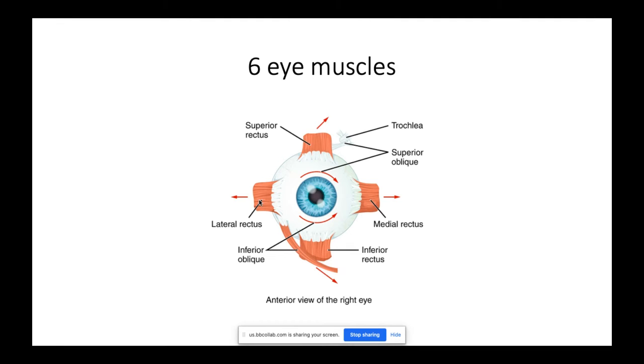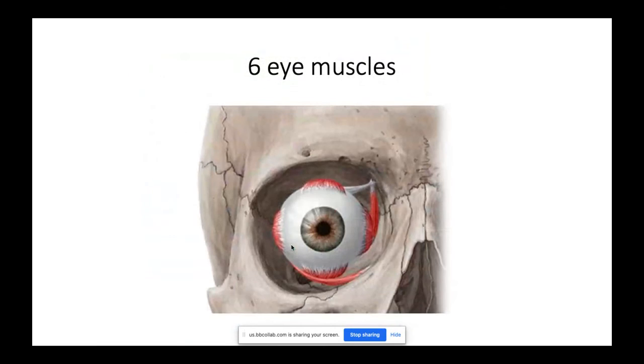There's two others. They're called obliques. There's one on top called a superior oblique, and there's one on the bottom called the inferior oblique. Okay. All right, so those are the 6 eye muscles. So if we go back here, right up on top, that's the superior rectus. There's your inferior rectus.